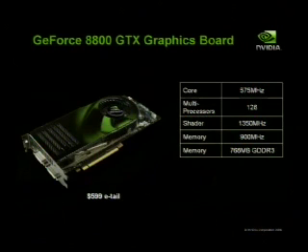Those ALUs are running at 1.35 gigahertz, so most of the chip runs at 575 megahertz while the ALUs run at 1.35. The memory is 900 megahertz, and this card, which you can buy at Fry's today, has about 768 megabytes of memory. Do each of those ALUs have 16 kilobytes of parallel cache?